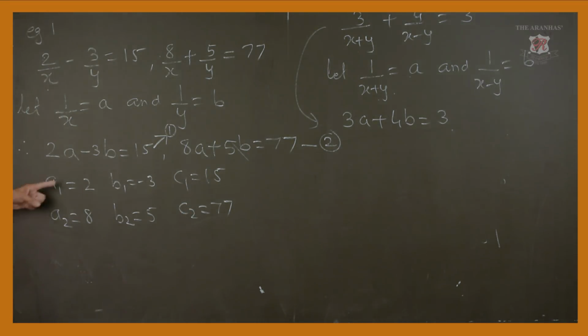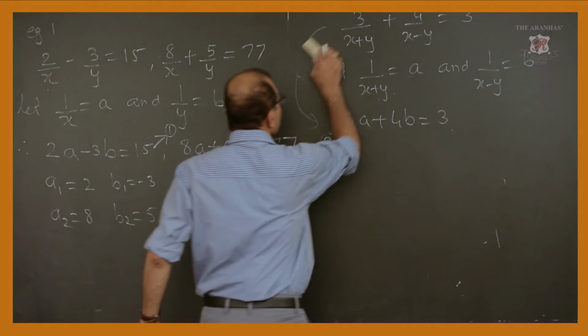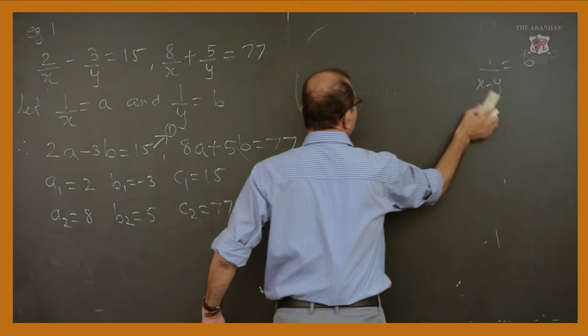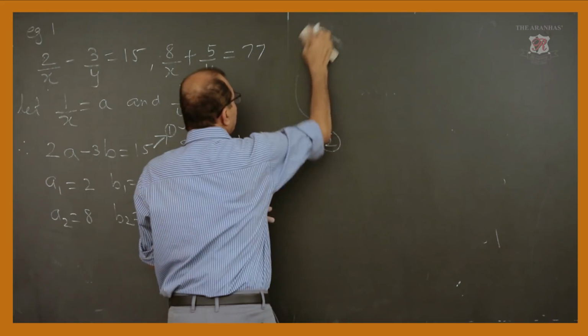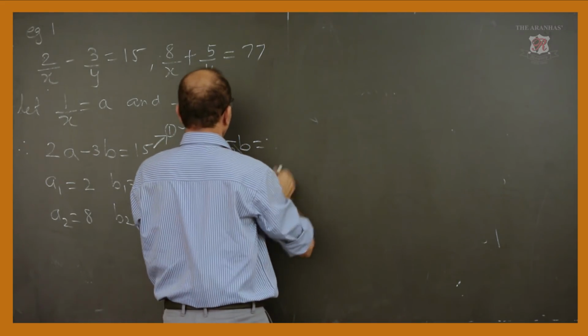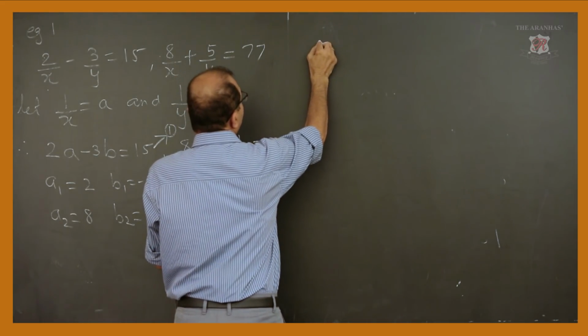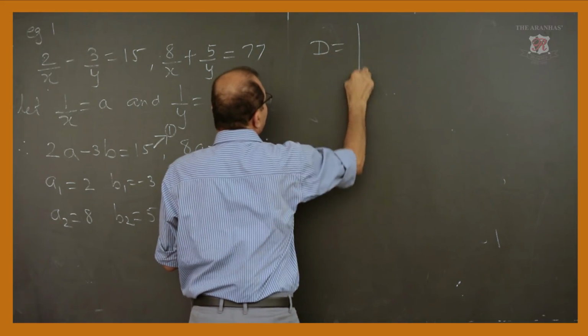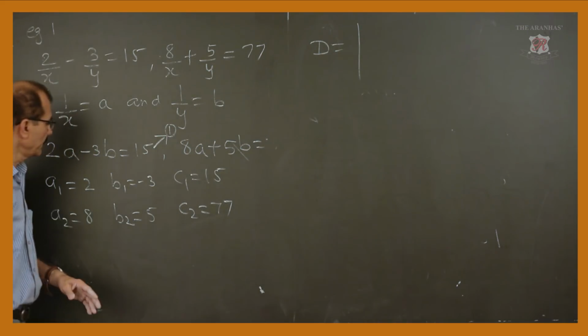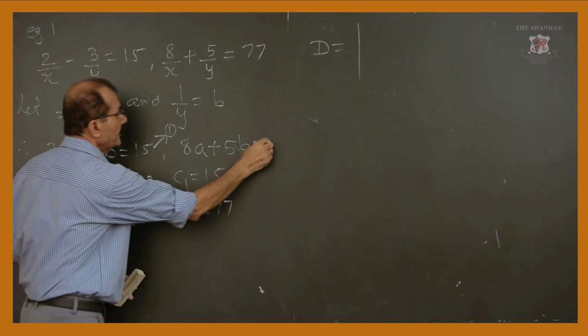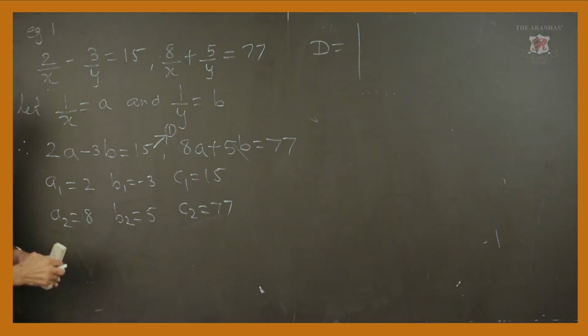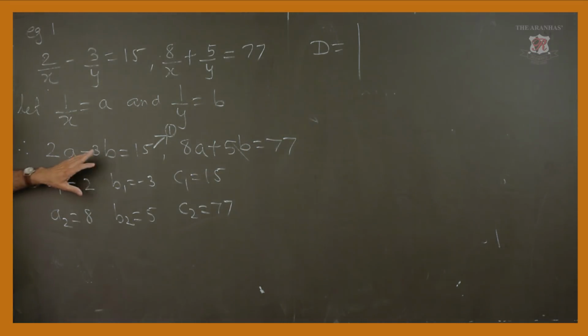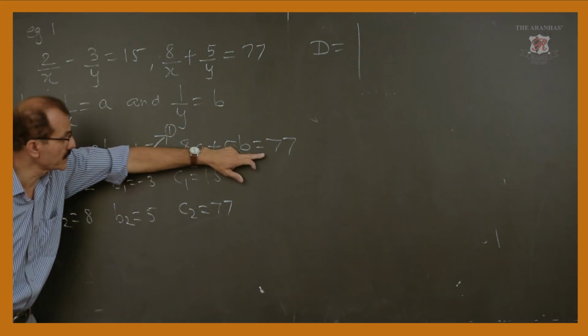So first we find the values of a1, b1, c1, a2, b2, c2. Now we are going to find the value of D. To find the value of D, we drop the constant column.